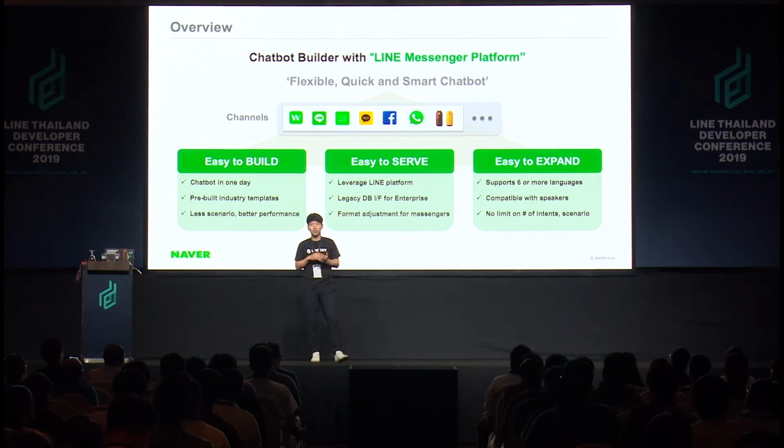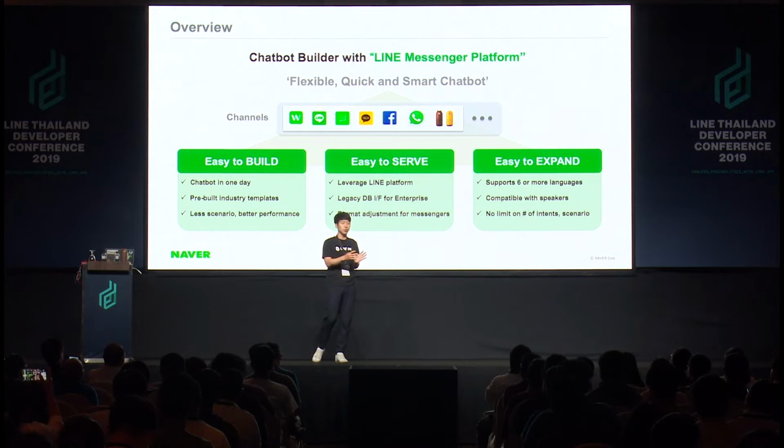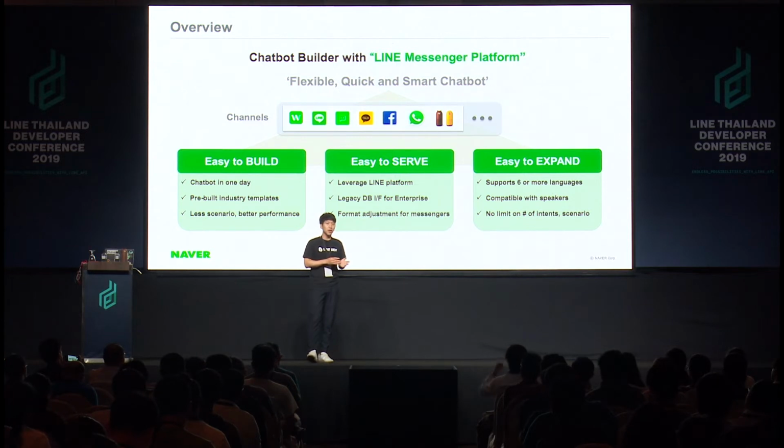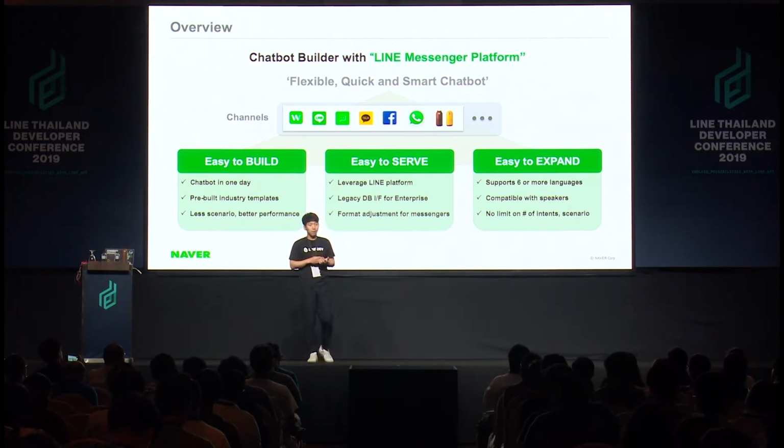Customers can only put 2,000 scenarios on their chatbot builder. However, we do not have any limitations. And if you only put 5 scenarios or 50 scenarios, we work with that. We work with small numbers of intents as well. And also, it is easy to serve.